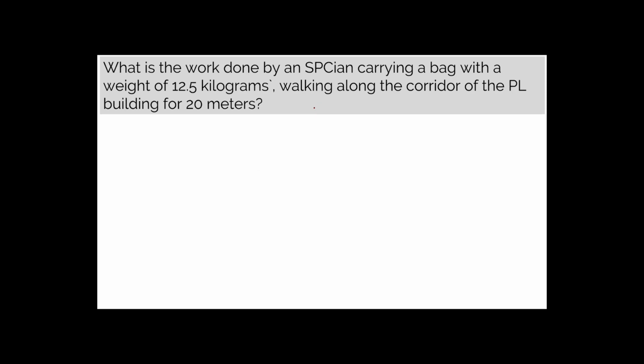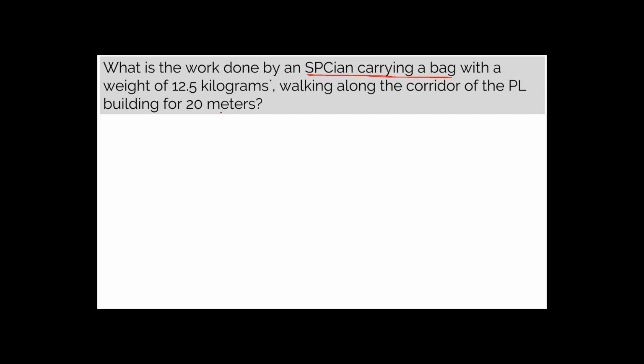And what is that given? Since the student is carrying the bag, to be able to carry a bag or an object, you need to have a force which is greater than or equal to the force exerted by the object.